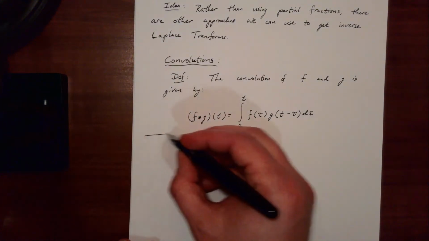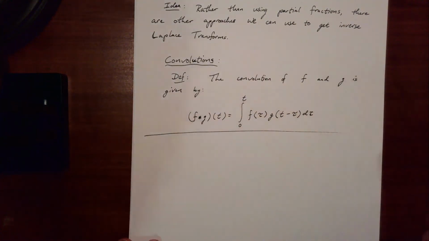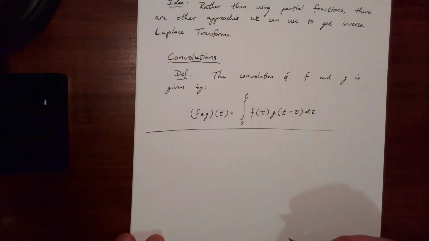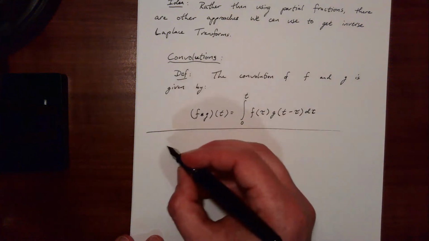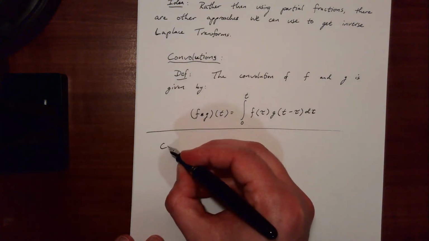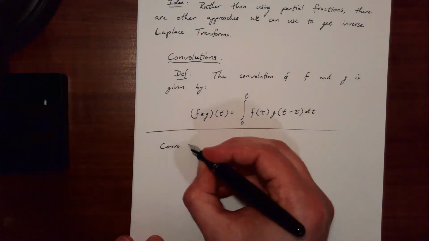Now, what does that have to do with Laplace transforms? Well, it has something to do with integrals, so it shouldn't be too surprising that it has something to do with Laplace transforms. But here is the connection. It's called the convolution theorem.